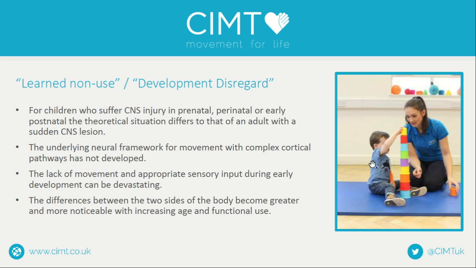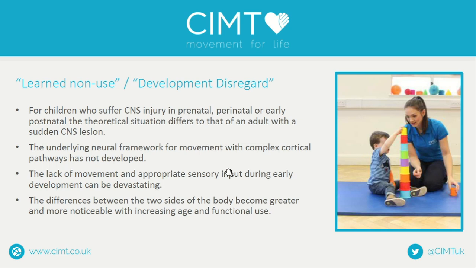And when he turned to children, there was a problem: children suffer the CNS injury in a prenatal, perinatal, or early postnatal situation. Unlike that, adults get a sudden CNS lesion. The problem with the CNS injury in children is that if the injury happens in the prenatal, perinatal, or early postnatal time, the brain of the child is not yet developed to maximum maturity.